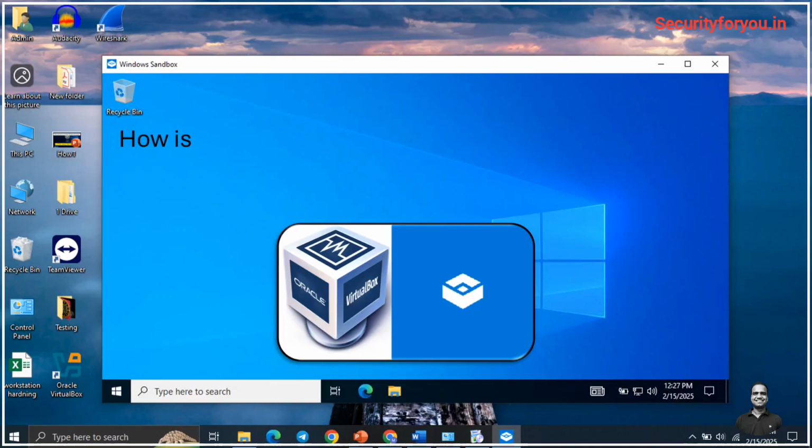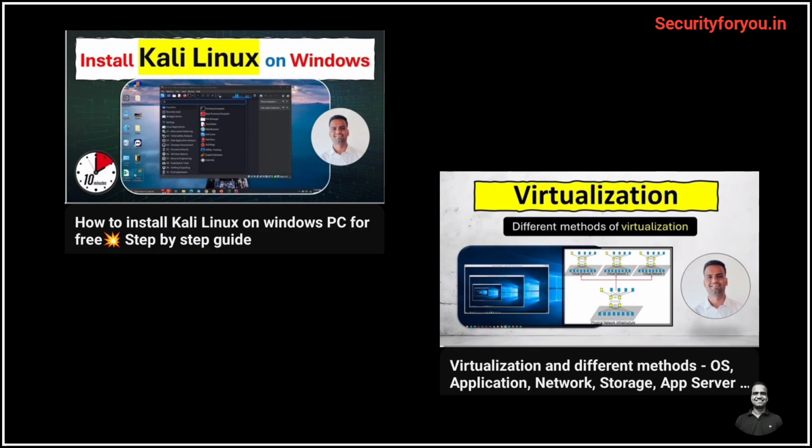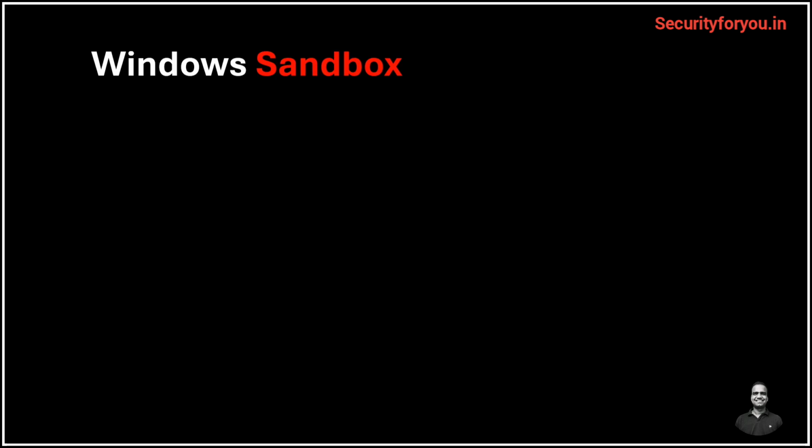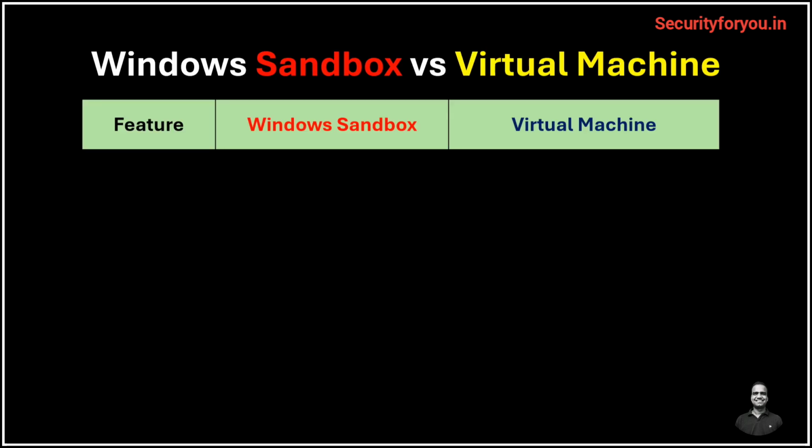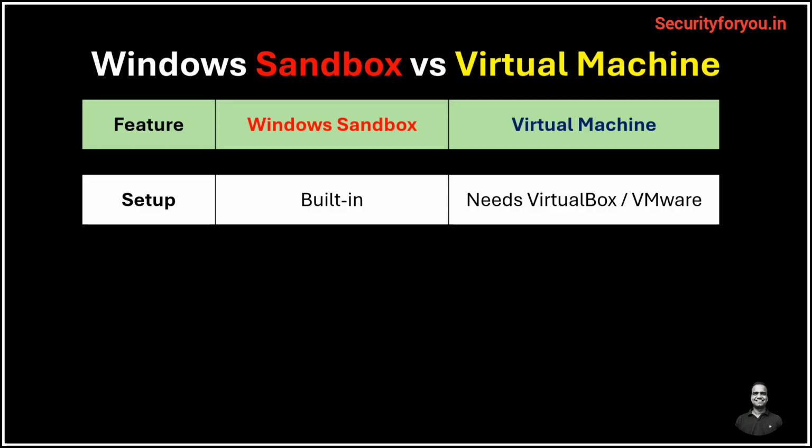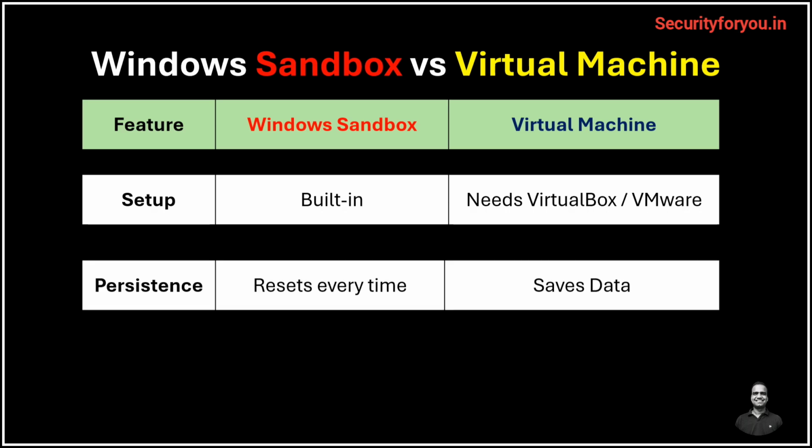And how is this different from a virtual machine? Let's do a quick comparison. In our earlier videos, we have also discussed virtual machines and how to set them up. So if you want better understanding, you can refer to them. Windows Sandbox is built into Windows and requires no additional setup, while virtual machines need separate software like VirtualBox or VMware.